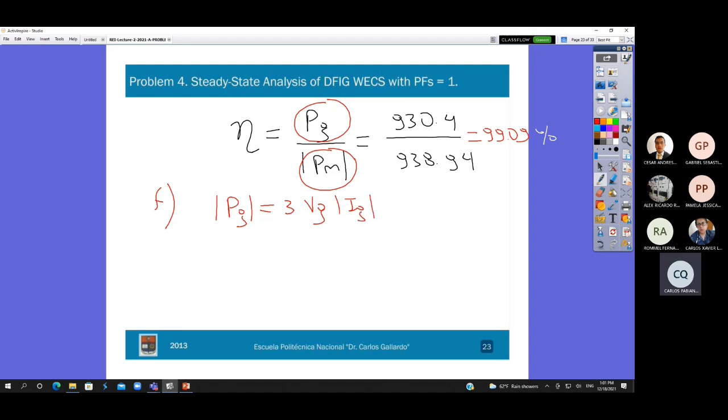Okay, so isolating this current, I will have the grid current is equal to the grid active power over 3 times the grid voltage.